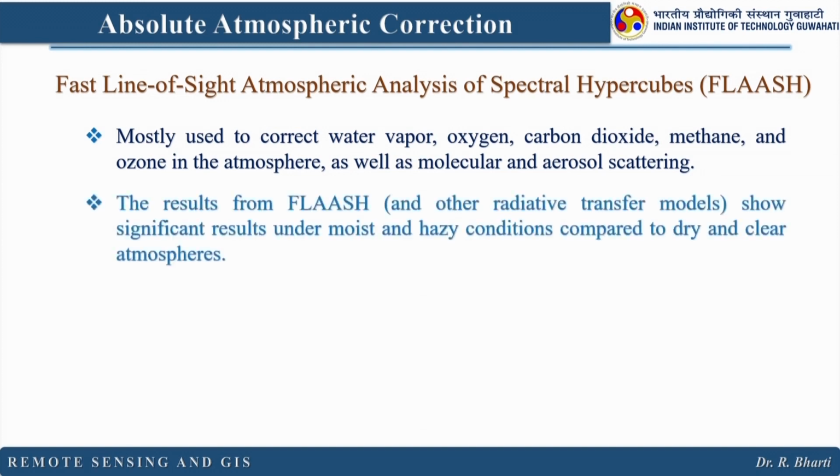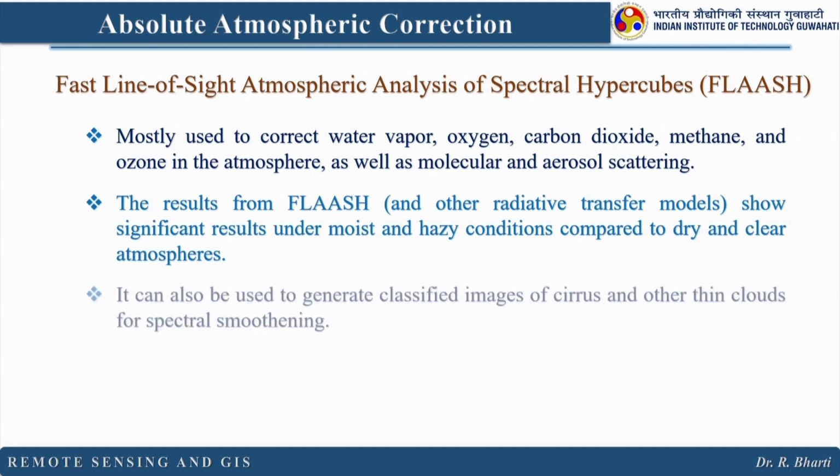The result from FLAASH shows significant improvement under moist and hazy conditions compared to dry and clear atmosphere. It can also be used to generate a classified image of cirrus and other thin clouds for spectral smoothing.